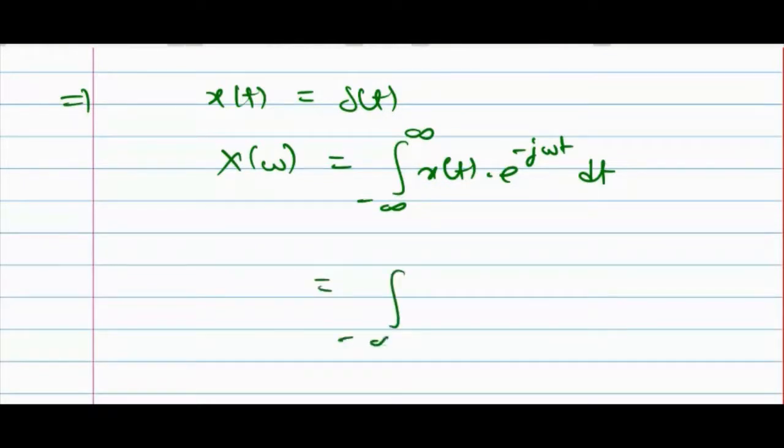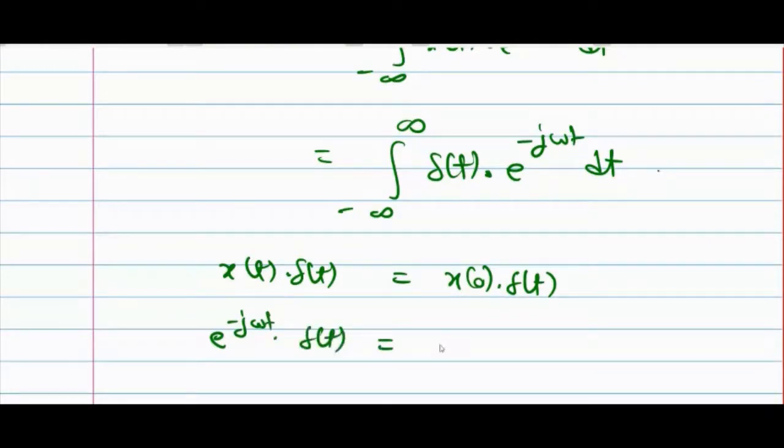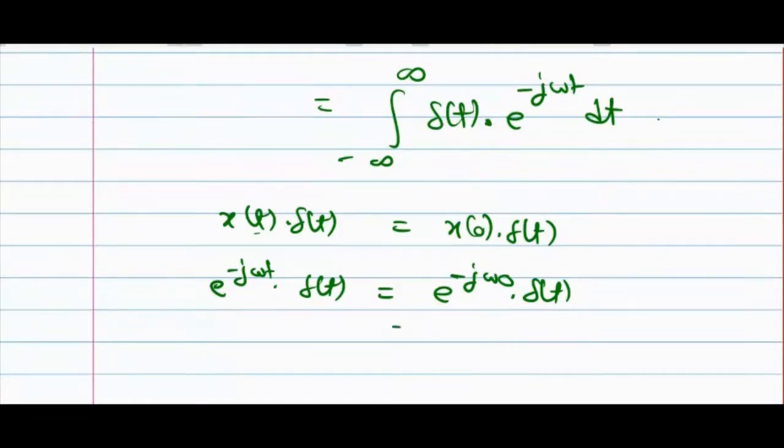So this becomes integration minus infinity to infinity delta t into e raised to power minus j omega t dt. Now by using the property, x of t into delta t is x of 0 into delta t. Similarly, e raised to minus j omega t into delta t will be e raised to minus j omega 0 into delta t. So t will be replaced by 0. And e raised to power minus j omega 0 is e raised to 0, which is 1. So e raised to minus j omega t delta t becomes delta t. Substitute here.